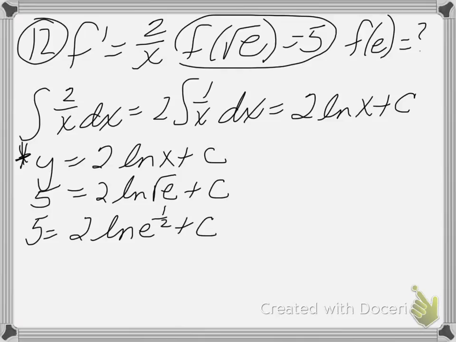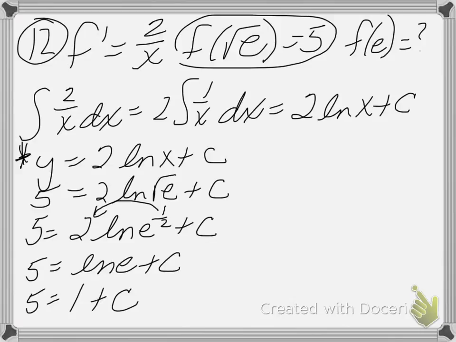Then I'm going to use that rule we have with logarithms that says you can take this exponent and bring it to the front of the log. So when you do, you're going to get 1/2 times 2, which is just 1, and that's going to leave you with ln e plus c. But hopefully you remember that ln e is equal to 1. This is a non-calculator part of the test, so you have to know that ln e equals 1, and then you'll get that 4 is equal to c.